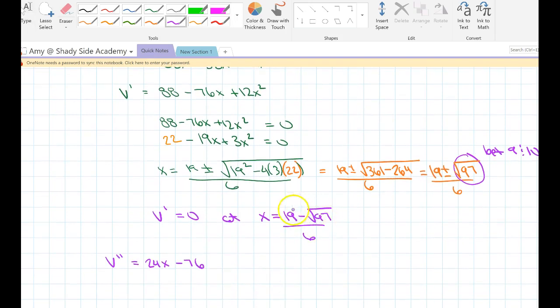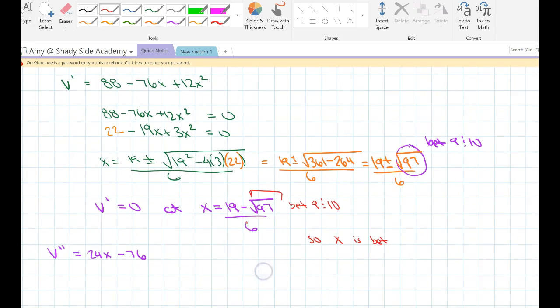If I think about this number here, and remember that radical 97 is between 9 and 10, then x is between 19 minus 9 over 6, which is 10 sixths, and 19 minus 10 over 6, which is 9 sixths.